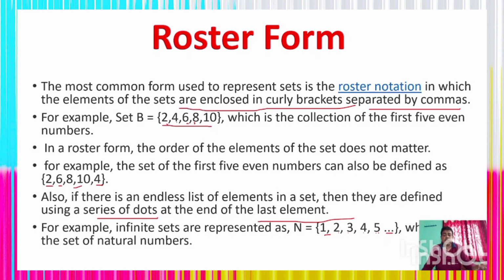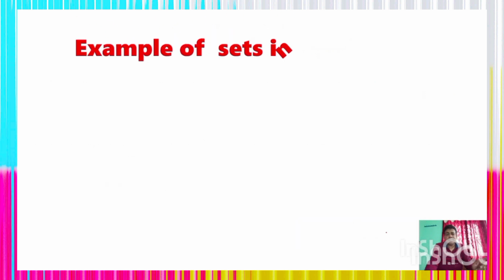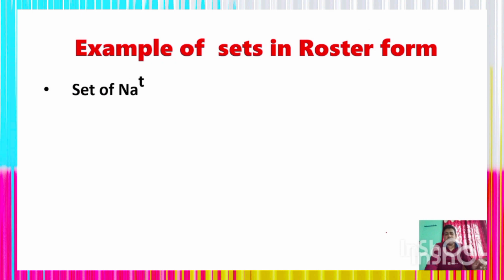It shows that the set has an infinite number of elements, which we cannot count. It's an infinite set. In this case, we express the infinite set by giving the dot mark at the end of the elements.